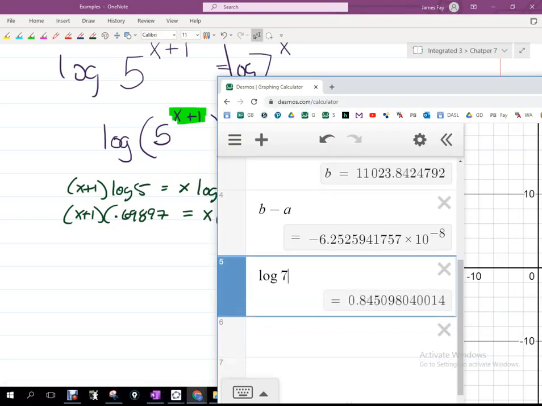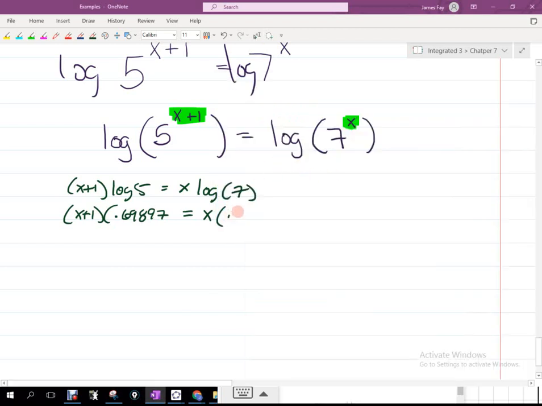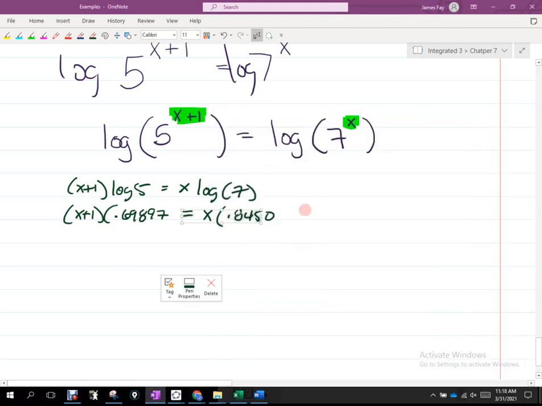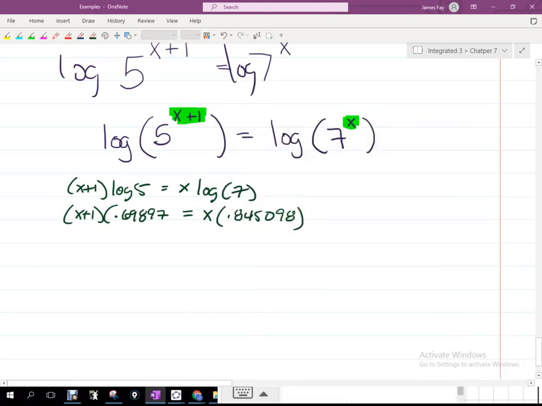See what that is? 0.845098. Okay, go out several decimal places there. When I multiply this through, when you distribute that, you get 0.69897x plus 0.69897 equals 0.845098x, right? Is that okay with everybody?